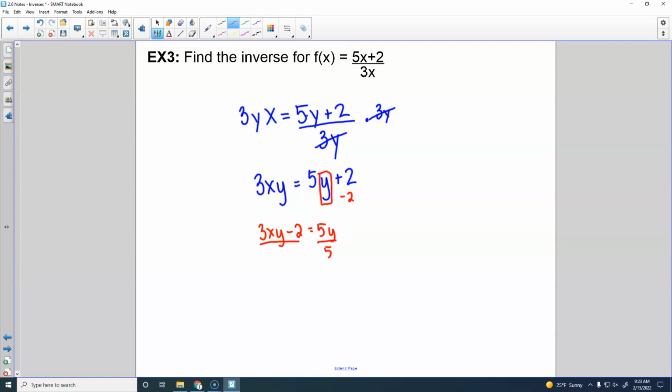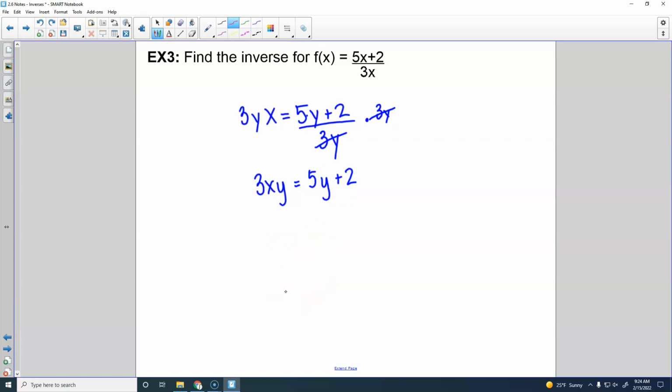This seems pretty good, right? Except when you get it solved for y, you still have a y over here on the other side. So it's not completely solved for y, and that is not going to work for us.